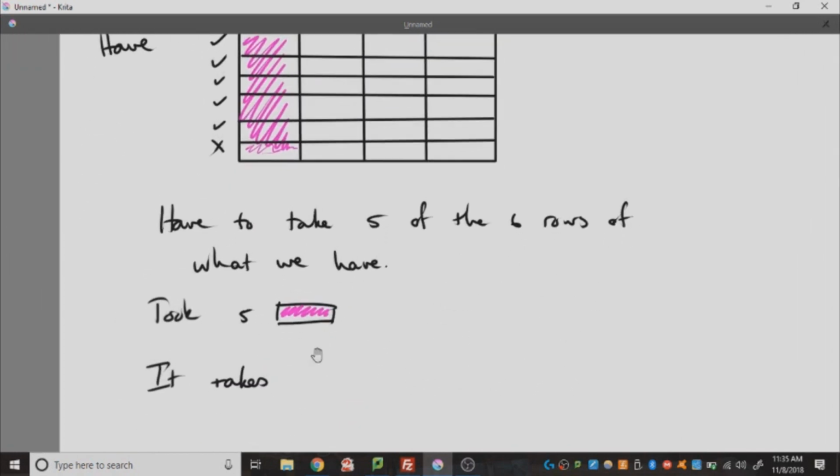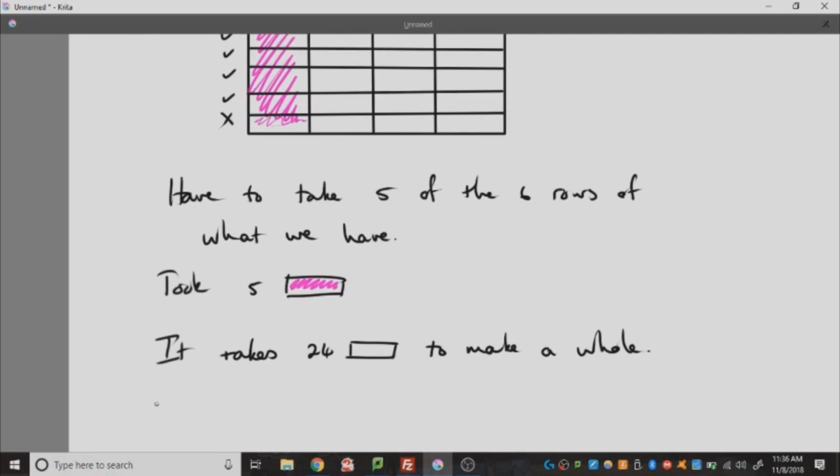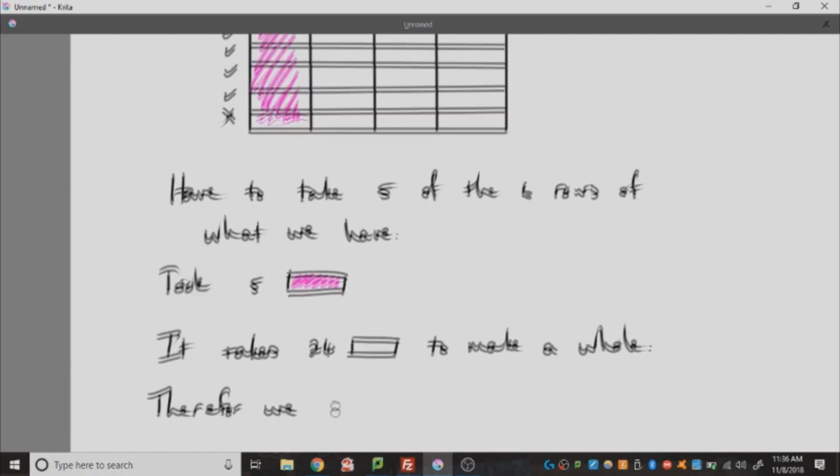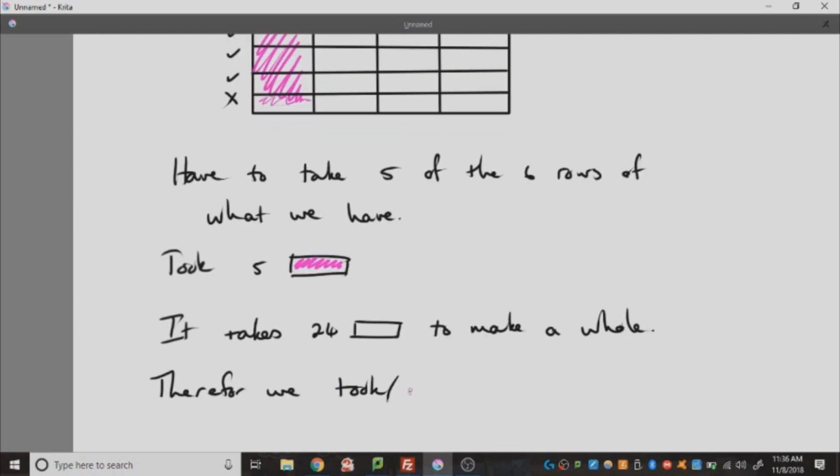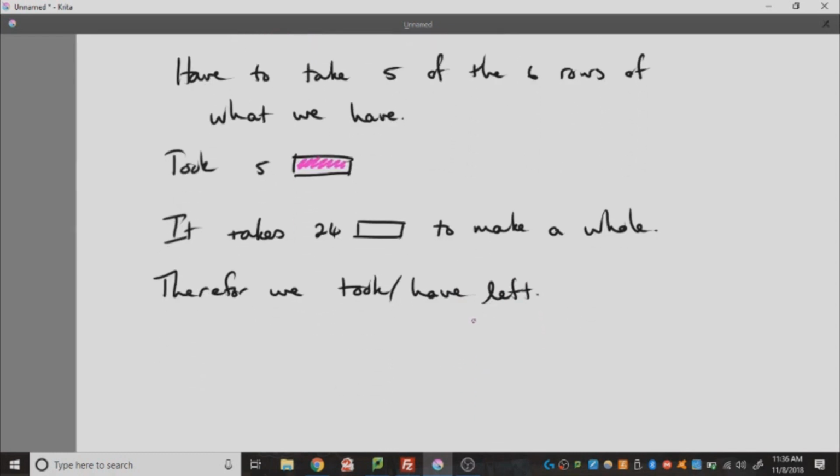It's going to be 24. 24 little pieces to make a whole rectangle. So therefore, we took, slash, we have left, however you want to phrase it, 5/24.